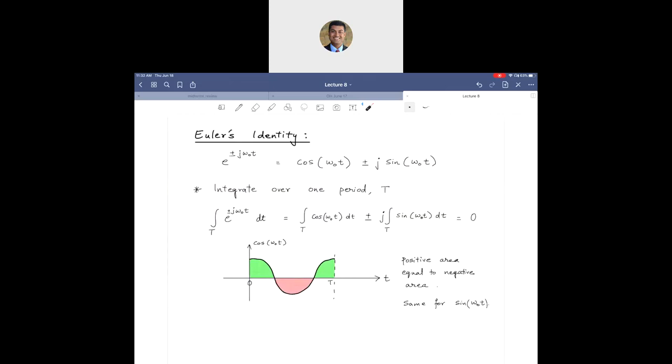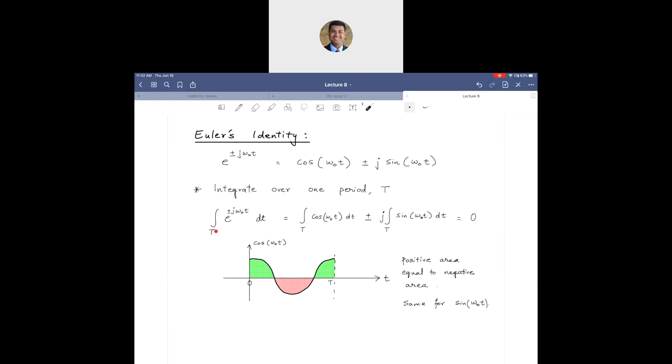Okay, so to help with some simplification, I have sketched one time period of a cosine over here, which relates to Euler's identity. e to the plus or minus j omega naught t can be written as cosine omega naught t plus or minus j sine omega naught t. Now, if you integrate over one time period capital T, what are you going to get?